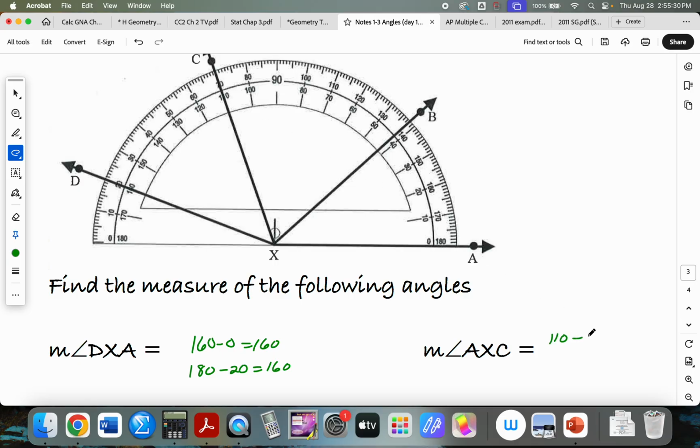So that's 110 minus 0, is 110. What if you use the outside? As long as you use it for both, it's okay. XA goes through 180 and XC goes through 70. That's also 110.